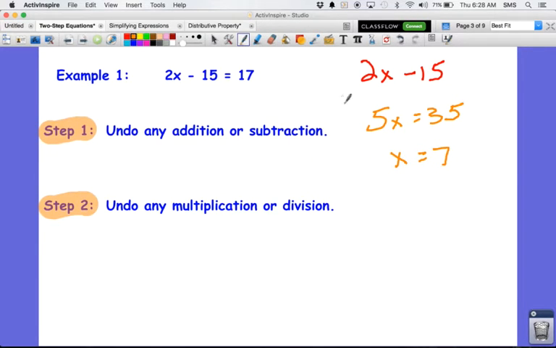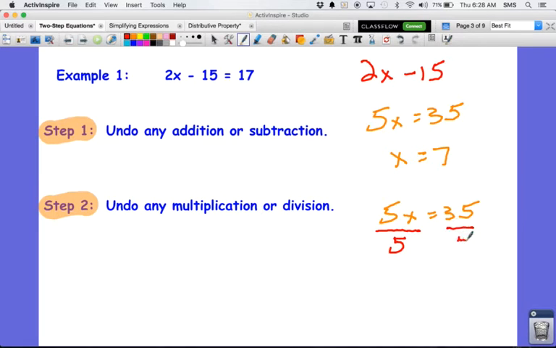But if you didn't know how to do that in your head, we would know 5x equals 35, and to undo this, because this is 5 times x, we would do what's called the inverse operation, which means we would do the opposite of multiplication. Because this is multiplication, to undo multiplication, we would do division. So instead of 5 times x, I would divide by 5.